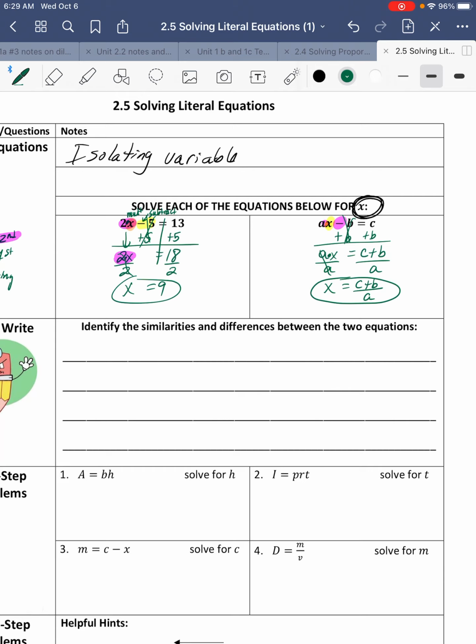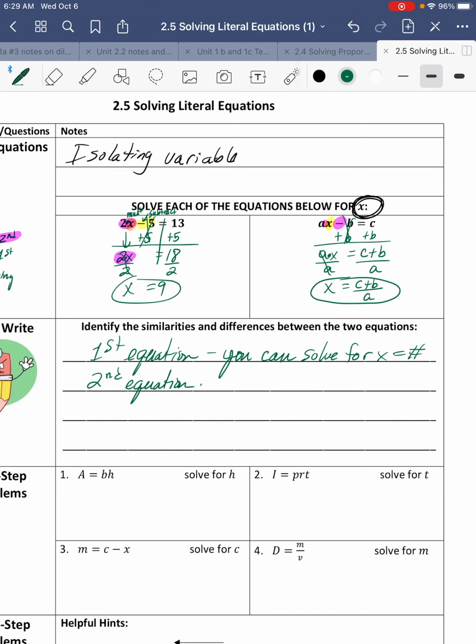So similarities and differences between the two equations. First equation, you obviously know what x is going to be. Second equation, we have it set up so we can solve for x.